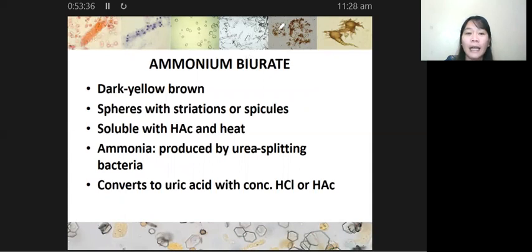So again, tatandaan natin class, wag ninyong kakalimutan na this is the only urate that is present in alkaline urine. So it has a dark yellow-brown color that appears as spheres with striations or spicules.